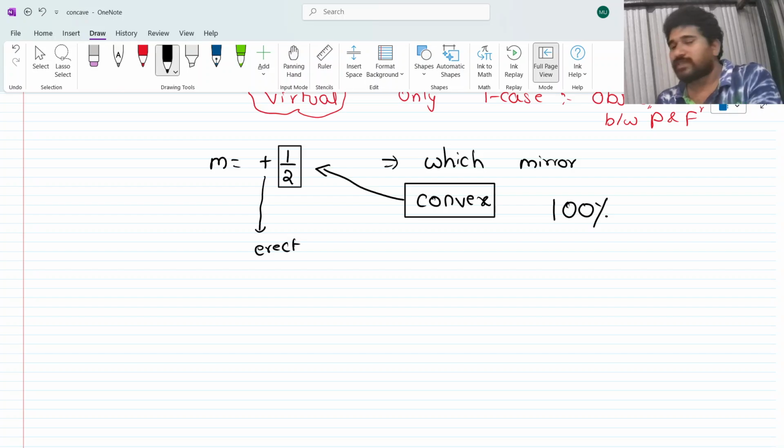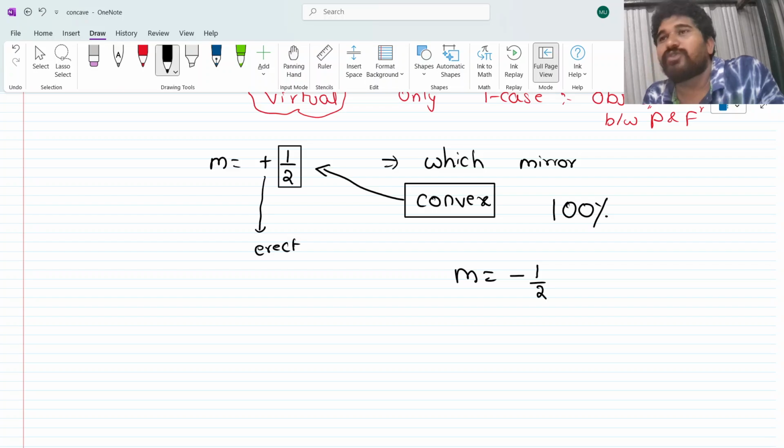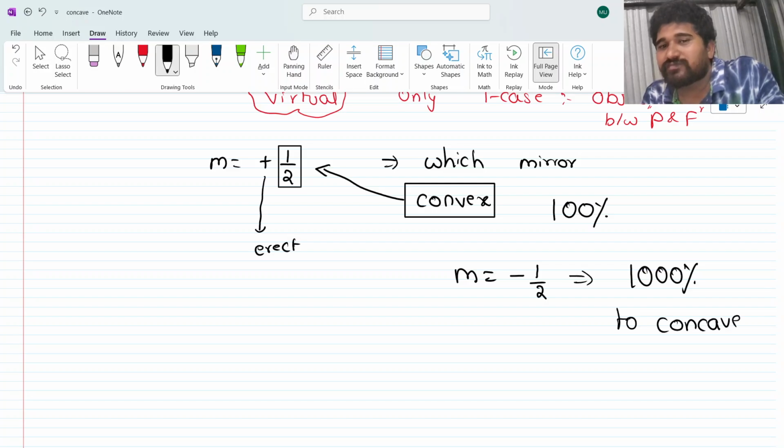Is that clear? Suppose I say M is equal to minus 1 by 2. It belongs to which mirror, 100%, no, 1000%? Concave.